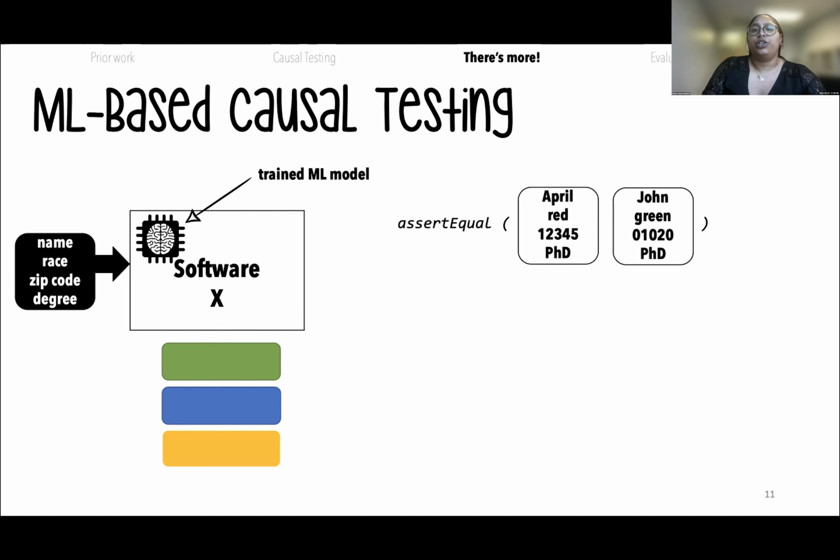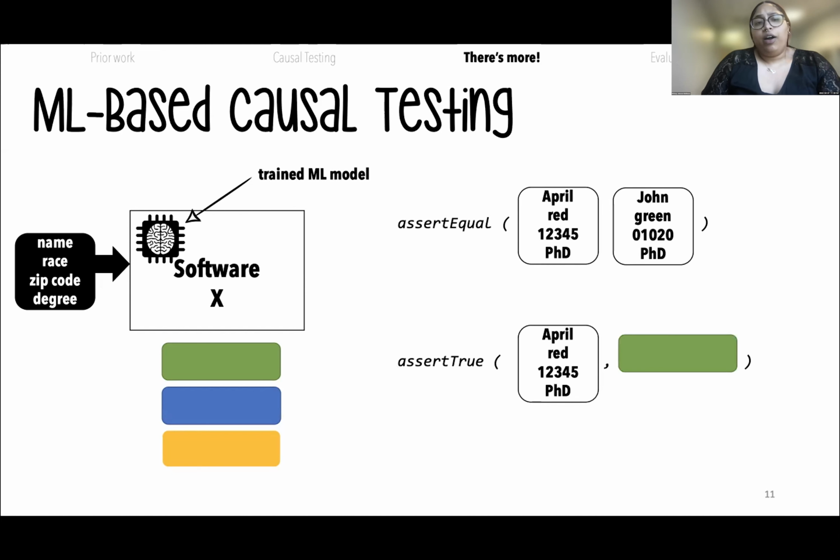Can we write assertions that look something like this, where we assert equal output or outcomes for two sets of inputs? And then another example, asserting true that for some input, we end up in a class or some specific output. If this is something that we can do, then we can start to think about causal testing being beneficial in this context as well, for example to see that if we change April to Adam, our assertion doesn't break, versus here it is breaking.